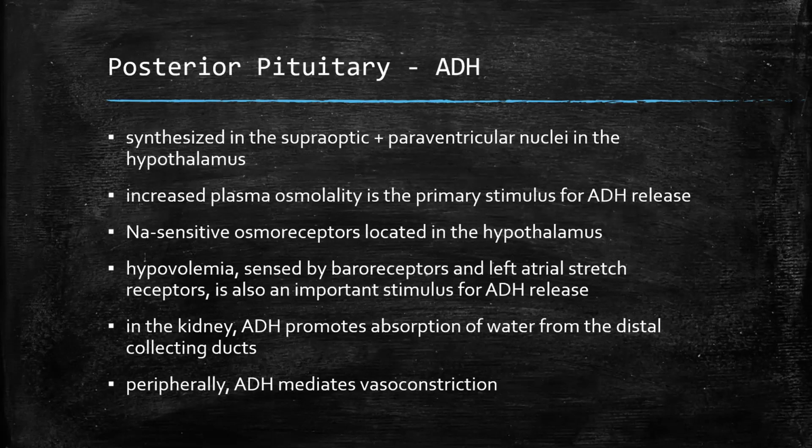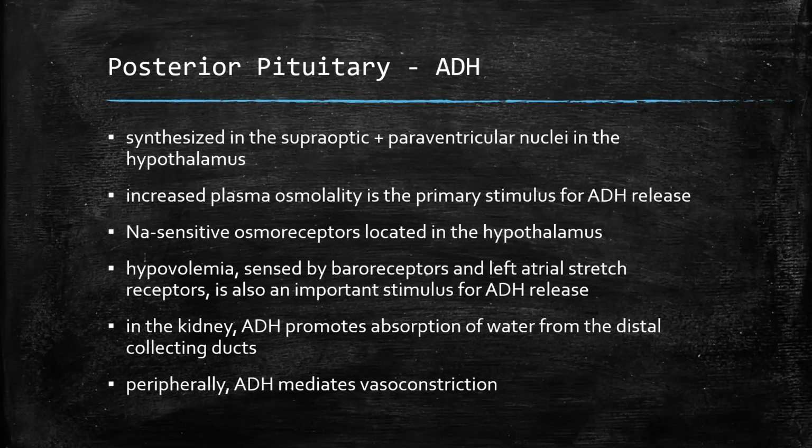The posterior pituitary hormone that we'll be concerned about is ADH, or antidiuretic hormone, or sometimes even called vasopressin. It is synthesized in a couple of specific nuclei in the hypothalamus. And the primary stimulation for ADH release is increased plasma osmolality. There are sodium-sensitive osmoreceptors located in the hypothalamus that detect this.